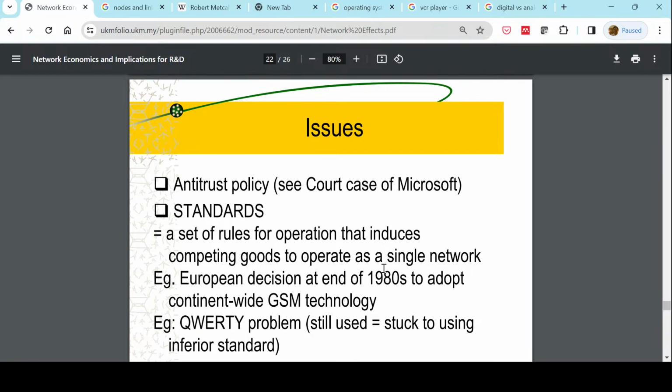We stick to the old inferior standard because a long time ago, the typewriter had this, if you can see my hand, boop, boop, A, B, C, D. When you push quickly, for example, QWERTY, why?